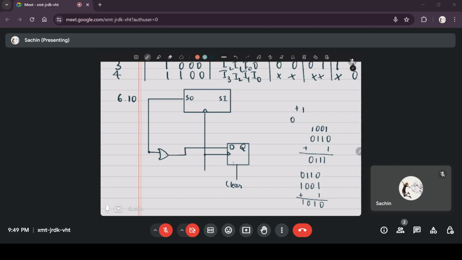So initially Q is 0. We will clear Q to 0.